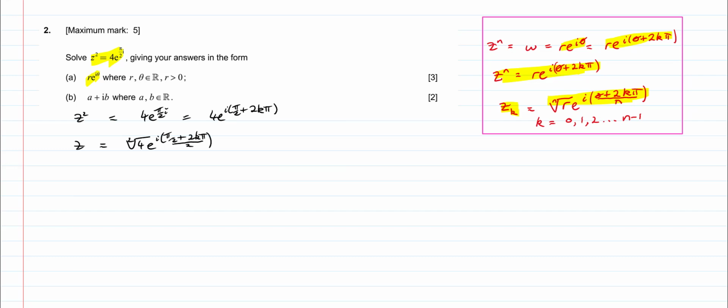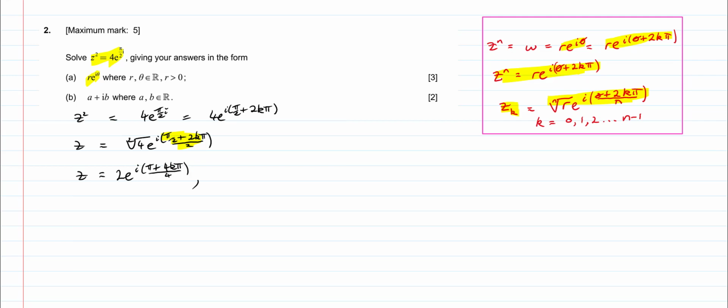So now I'm just going to write this argument over a common denominator. So multiplying top and bottom by 2, we'll just get z is equal to, well, square root of 4 is just 2, times e to the i pi plus 4k pi all over 4.